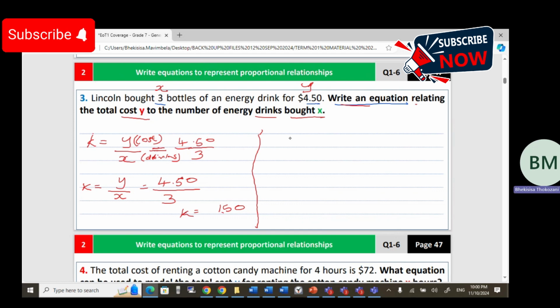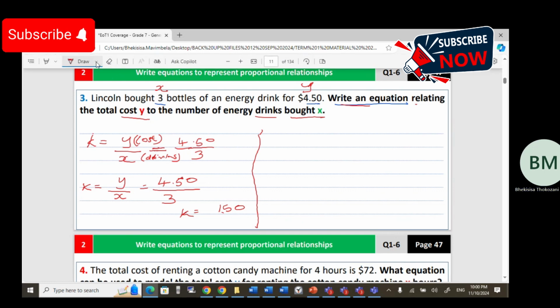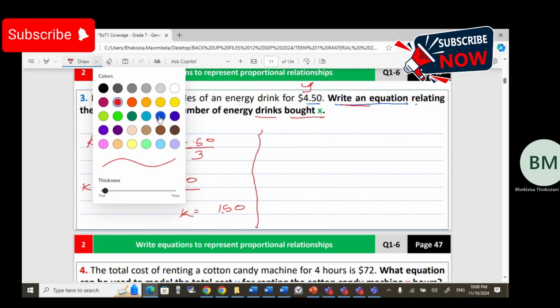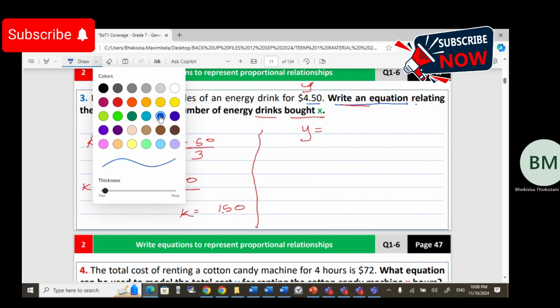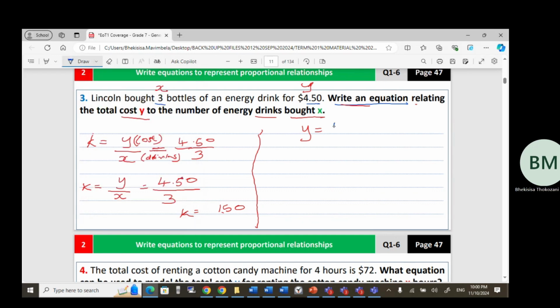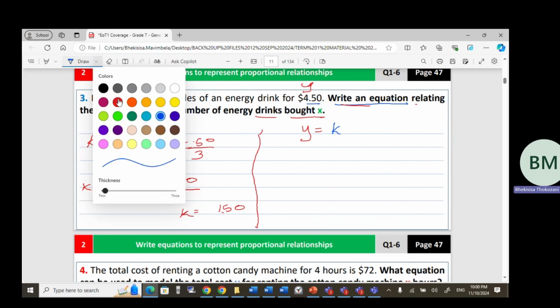Remember, we spoke about this one here, whereby we say that if I want now to find the equation, I have to say Y equal to, this is the formula now to find the equation, K X. This is what we said, right? Y is equal to Kx.